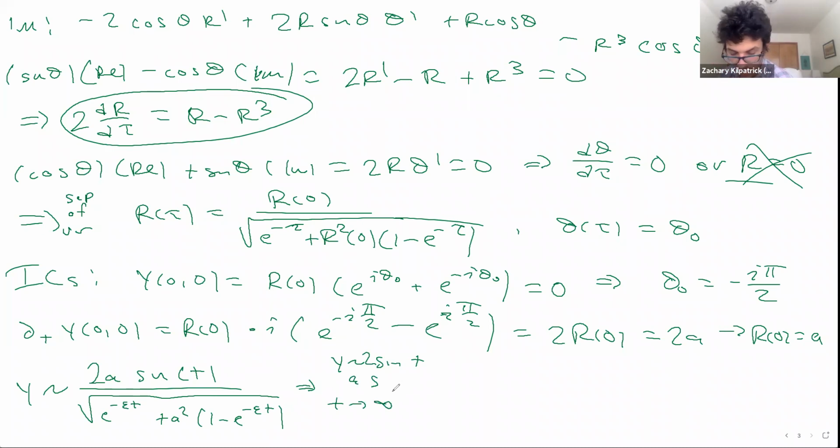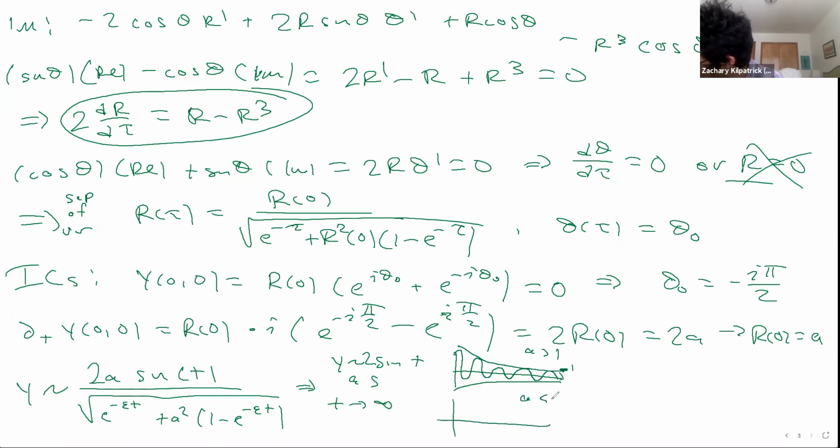So what we have then in general is that for a greater than 1, over time our oscillation is going to settle down to this amplitude, which is going to be 1 here. When a is less than 1, we're going to have it build up to this amplitude over time, exponentially relaxing to it.